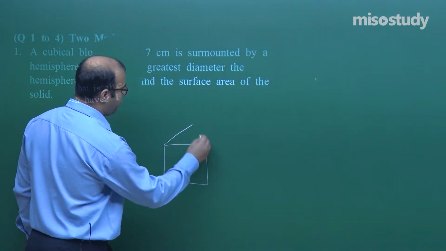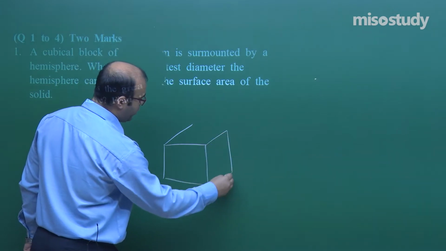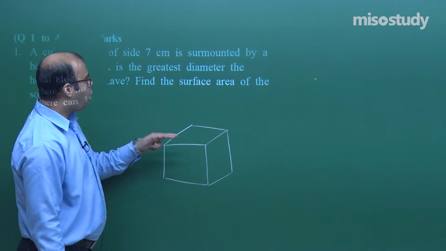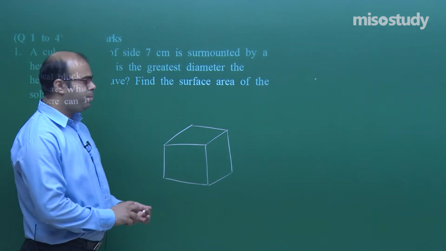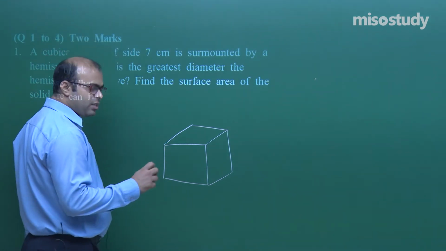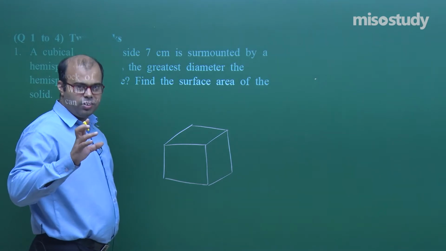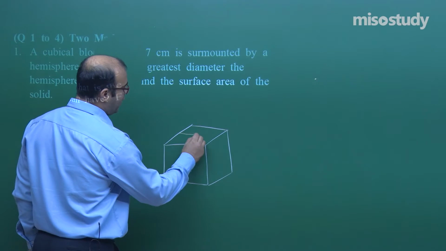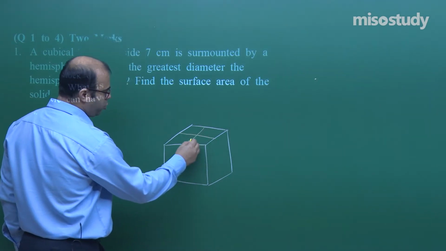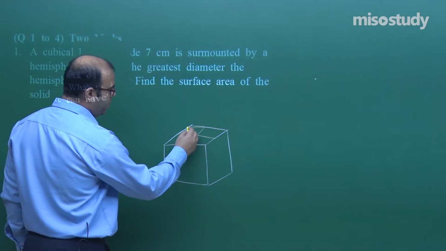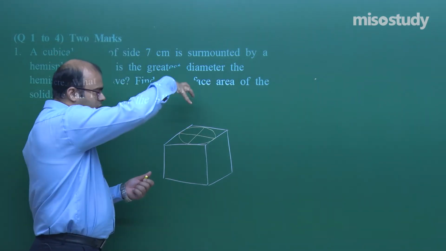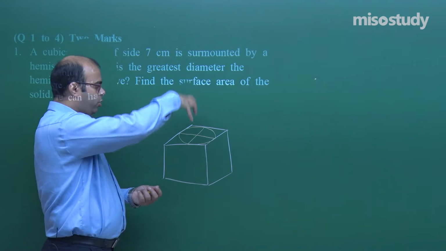A cube is a solid figure whose edges all have equal length, a and a. And on the top of it we surmount a hemisphere. So first they are asking what is the maximum dimension, the radius, of the hemisphere. The hemisphere will take this as the diameter, and this is also a diameter, and the hemisphere sits over this block.